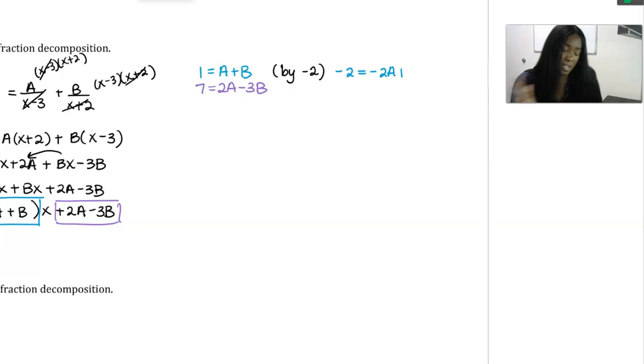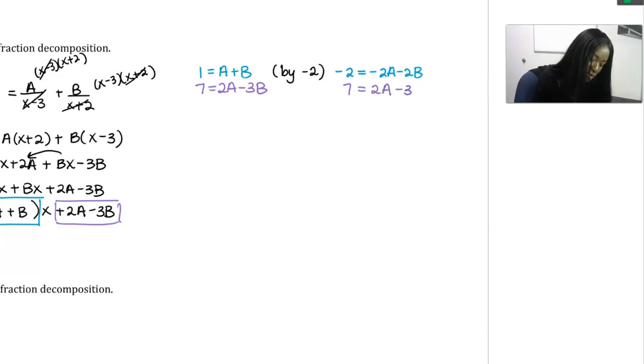I literally just said multiply everything in the equation by negative 2, and I did not multiply the b by a negative 2 as well. I'm going to keep the second equation the same because now I am set up to eliminate a. When I add my equations together, negative 2 plus 7 is a positive 5. Negative 2a and 2a cancel each other out. Negative 2b and negative 3b make a negative 5b.